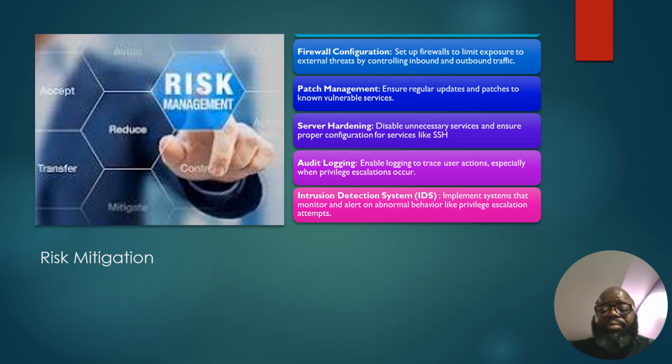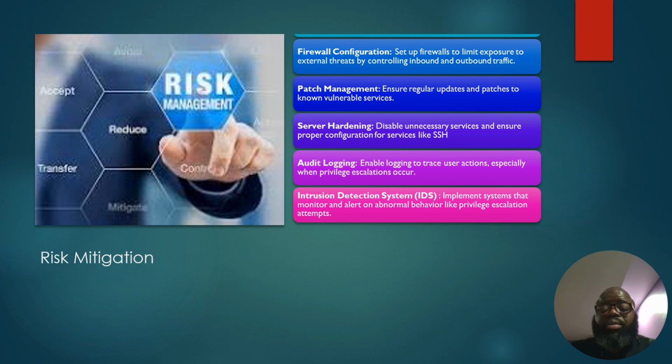Server hardening: disable unnecessary services and ensure proper configuration for services like SSH. If you don't disable services that are not required, they can become threats to the environment, and hackers can use them to come in and log into the virtual machines.